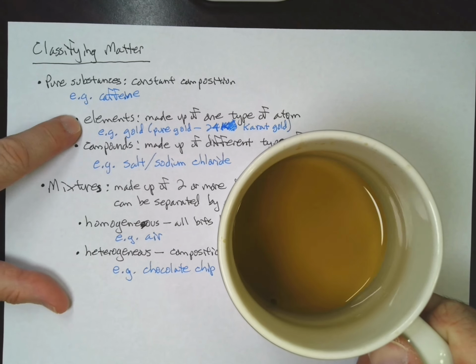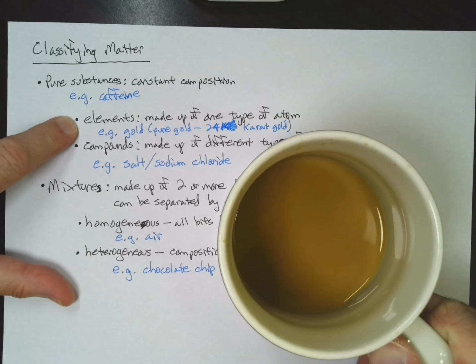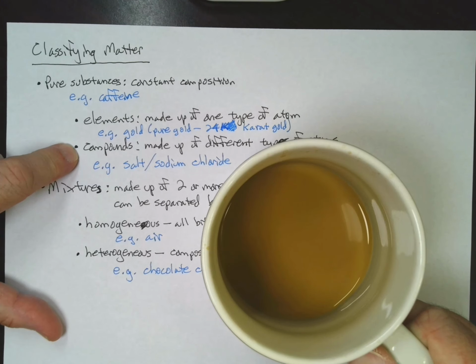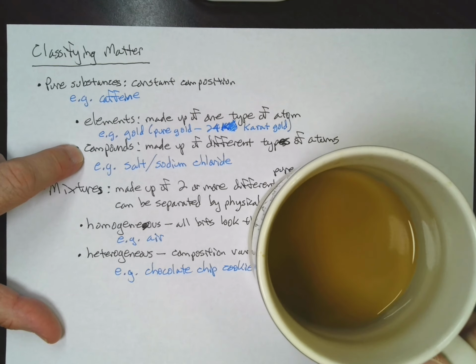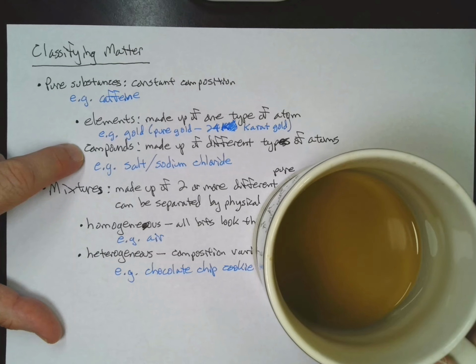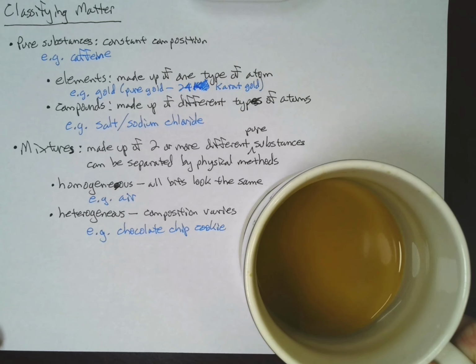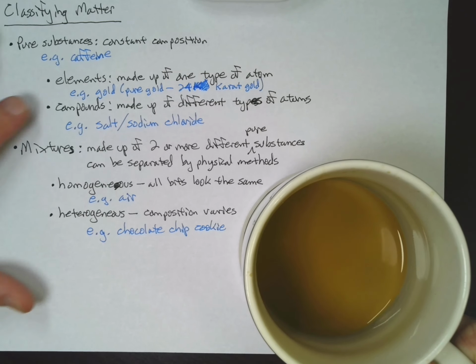So we know it's not an element because there's no caffeine on the periodic table. The element CF is californium. Anyway, it's not a compound because it's actually made up of multiple pure substances, whereas a compound is a type of pure substance.